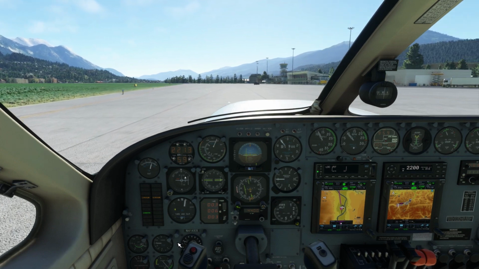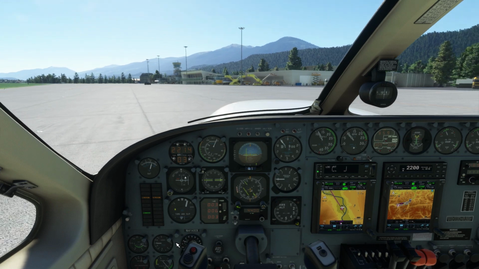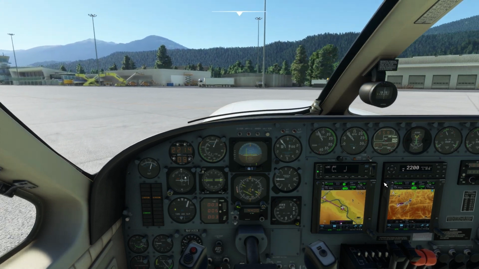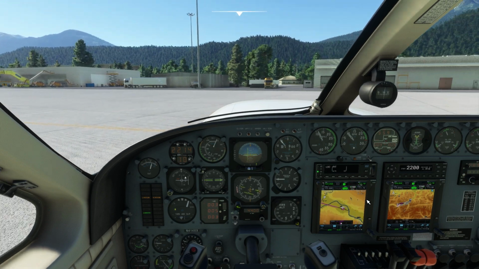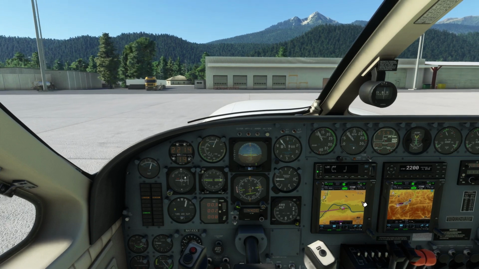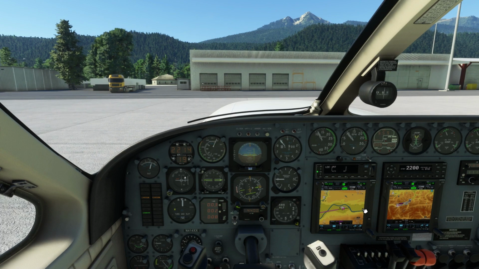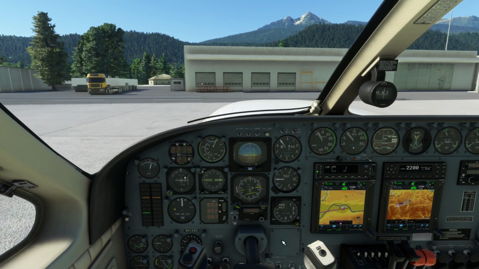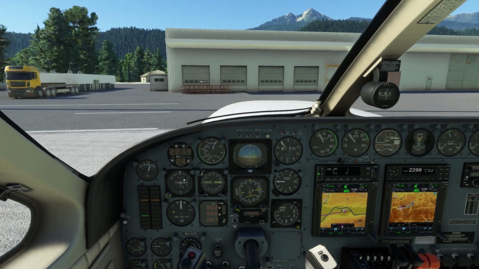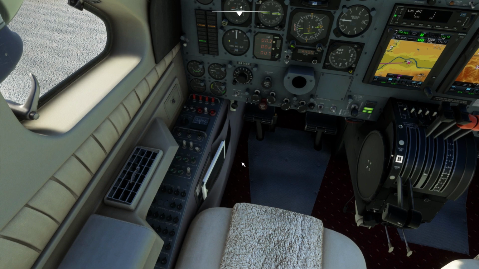Flaps up. And here we are at Innsbruck. Wonderful.